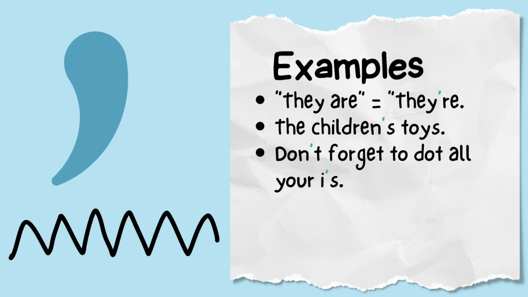I am, I'm; he is, he's; she is, she's; we are, we're, and more. And the children's toys, or Mariana is Patty's friend. And don't forget to dot all your i's.